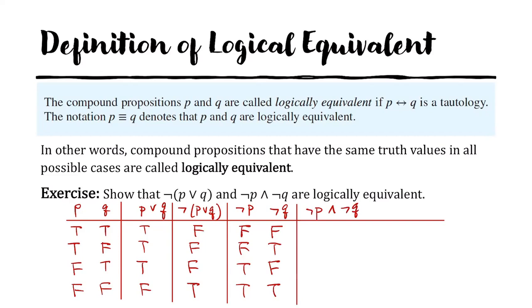And we know a conjunction is only true when both of your variables are true, otherwise it will be false. So now we have finished constructing the truth table for both compound propositions, so we'll compare them.